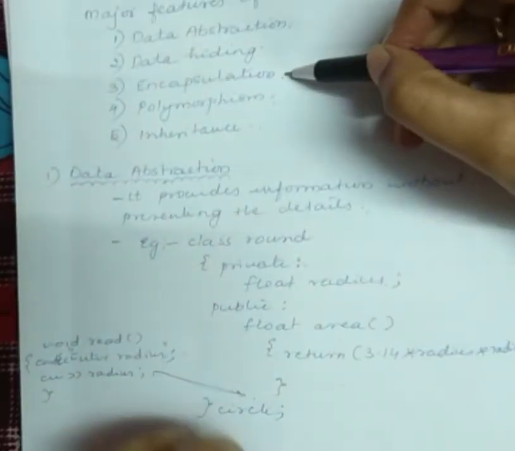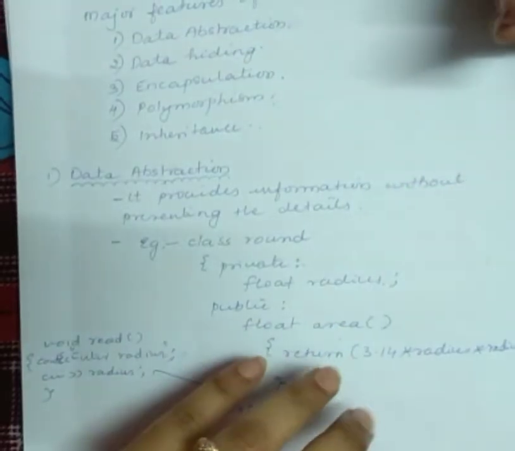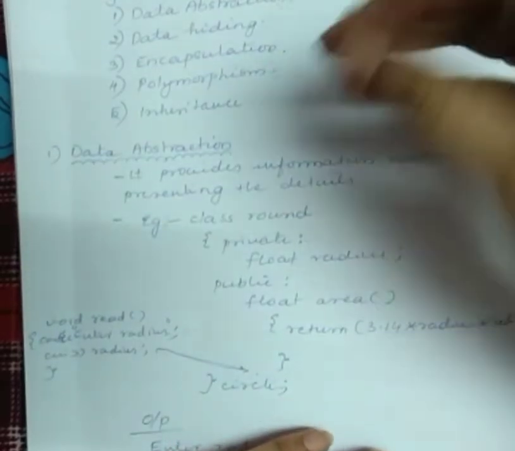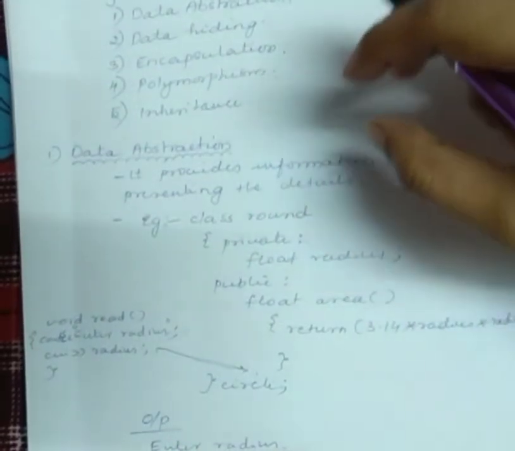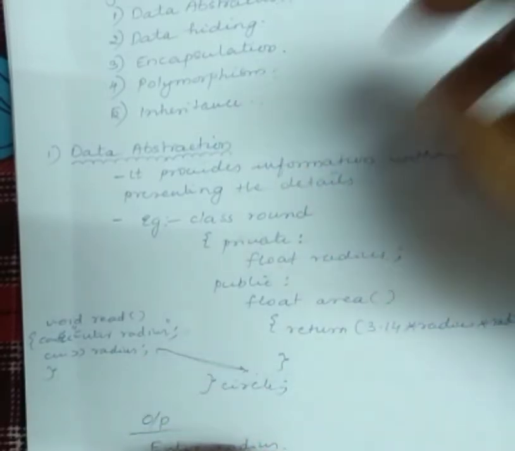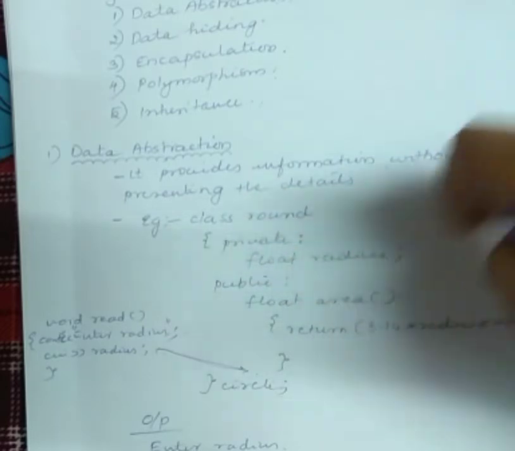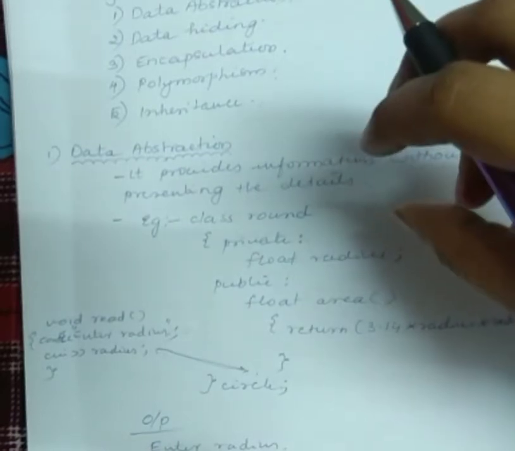And the third one is encapsulation. This feature is just like a capsule. What is a capsule? A capsule helps to protect the medicine inside it. It provides sufficient coating to protect the medicine inside that capsule.